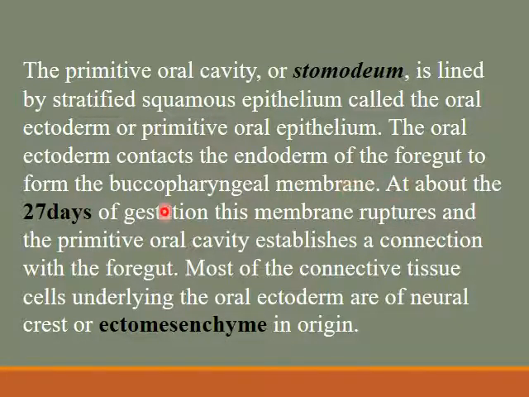At about 27 days of gestation, this membrane, the buccopharyngeal membrane, ruptures, and the primitive oral cavity establishes a connection with the foregut. So this membrane is ruptured at about 27 days or 1 month of intrauterine life.